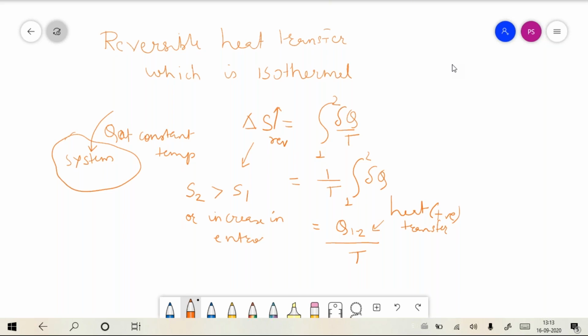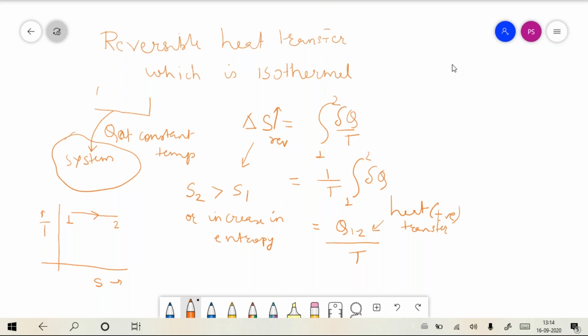So if you remember the temperature-entropy diagram for a Carnot cycle, this can be represented as a horizontal line away from the vertical. Why is that so? Because the entropy at 2 would be greater than the entropy at 1. And why has that happened? This has happened because of the heat transfer from the surroundings, which includes the source, to the system reversibly.